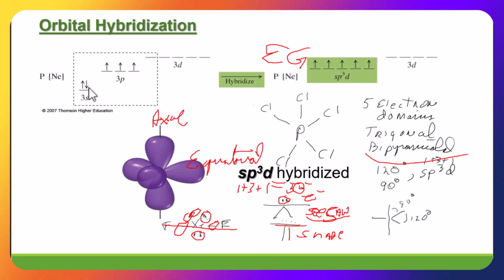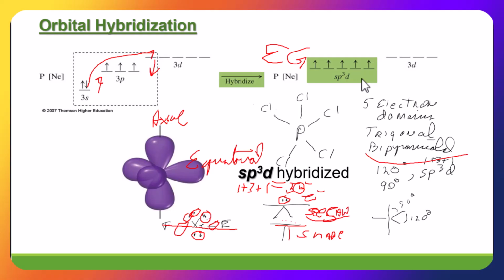Okay, so here's the hybridization scheme. We're going to promote an electron up to the d subshell. Then we're going to equilibrate all of the orbitals, and so we'll have 5 equivalent sp3d hybridized orbitals.